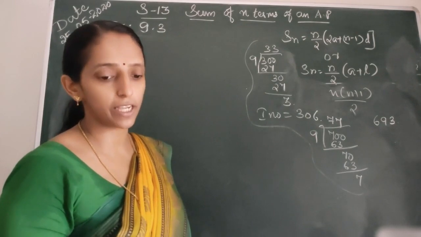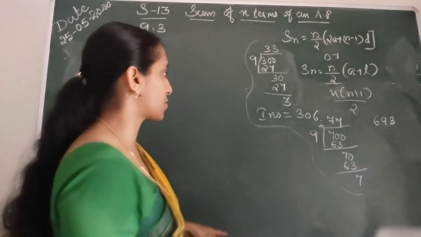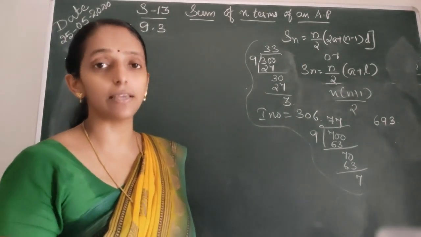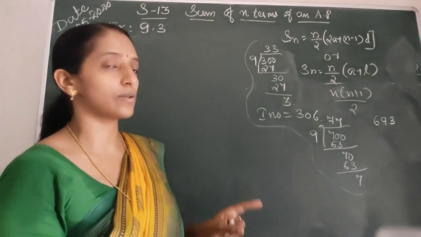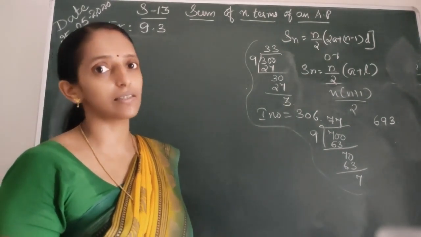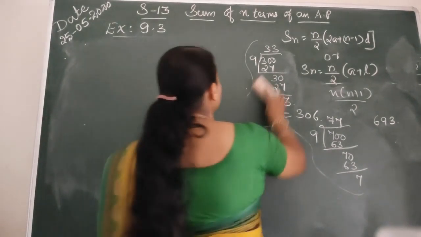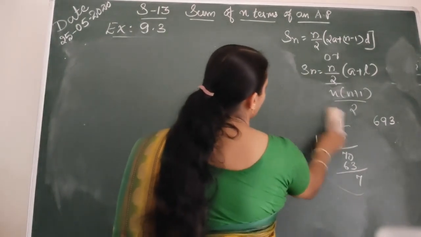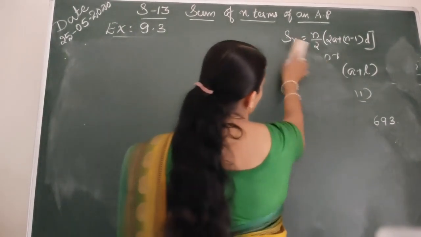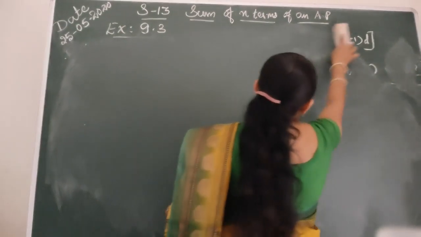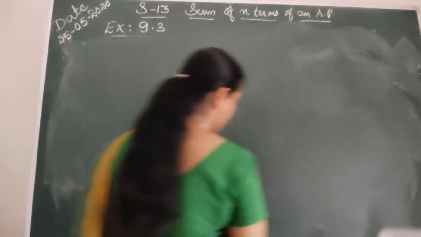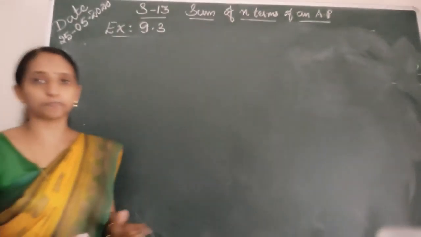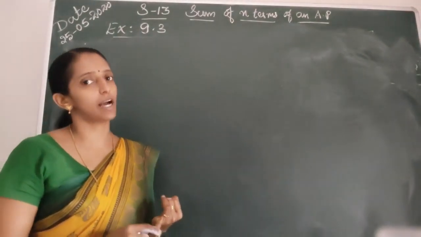Whatever questions are given in this year's new textbook exercise, complete all of them as homework. Okay, so we have seen one of the progressions, which was the arithmetic progression. We are going to wind up today's session with this arithmetic progression we have seen.